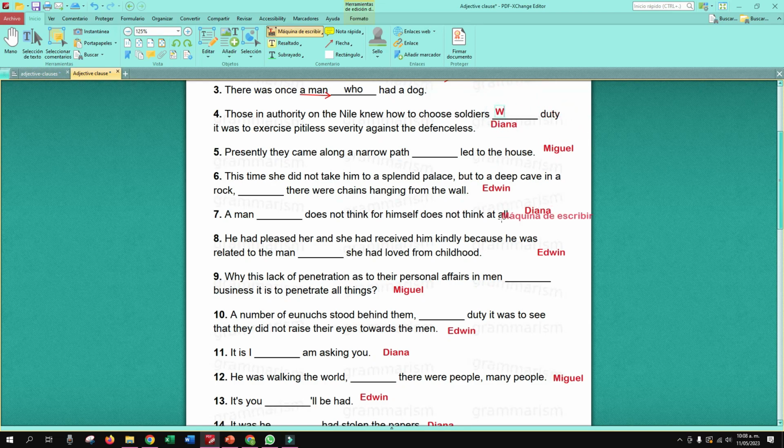Yes. Why whose, Diana? Because of the duties, right? The soldiers' duties. So, whose duty it was to exercise. That's why you need to use whose there. Excellent. Thank you, Diana. That's great.